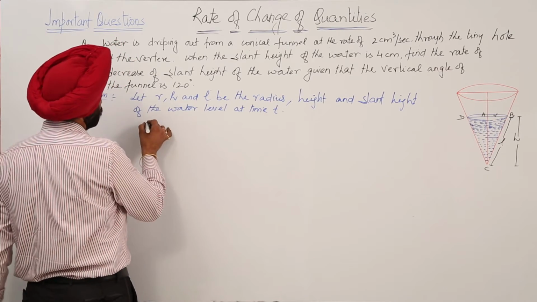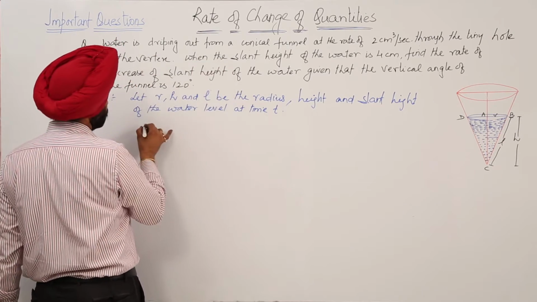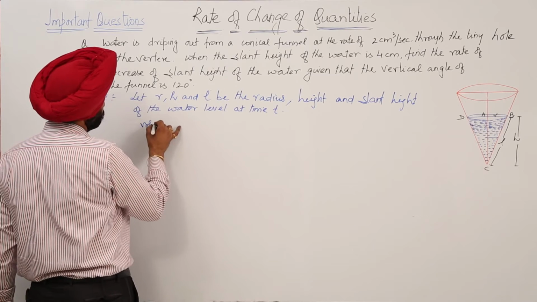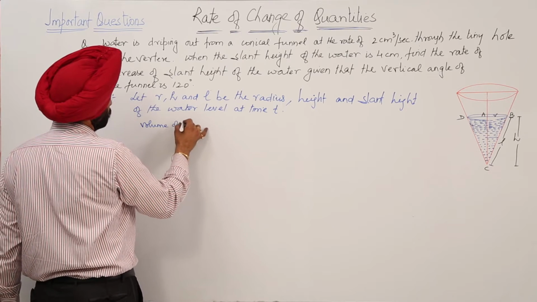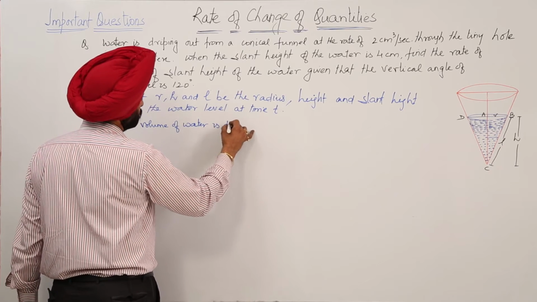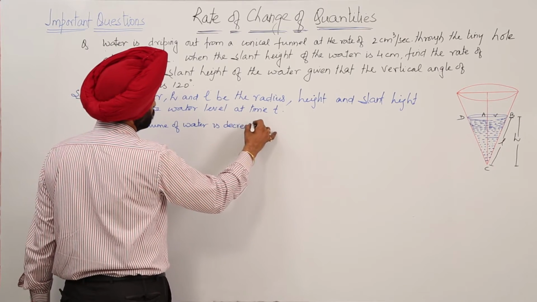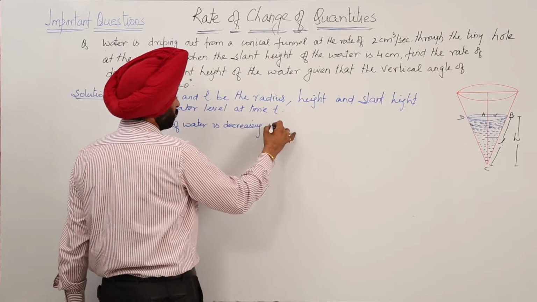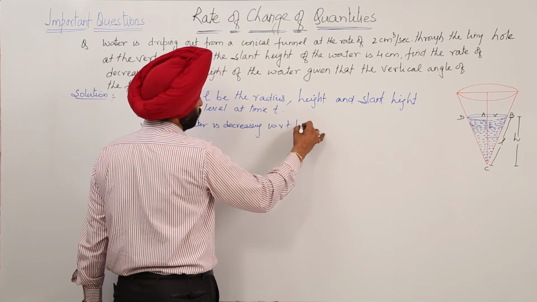Now the water is dripping out from a conical funnel, so volume of water is decreasing with respect to time t.